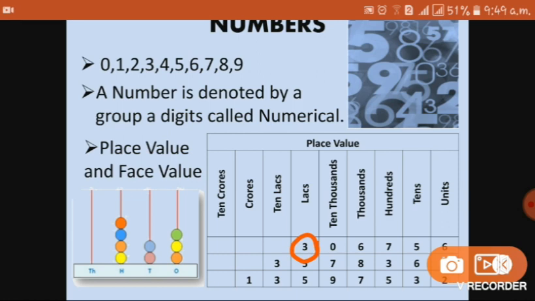Where the 3 is located, it is located in the lakhs. So, the place value of the number 3 will be 3 lakhs. What about the face value? The face value of the number 3 is the value in that position. What is the value? 3. That's all.